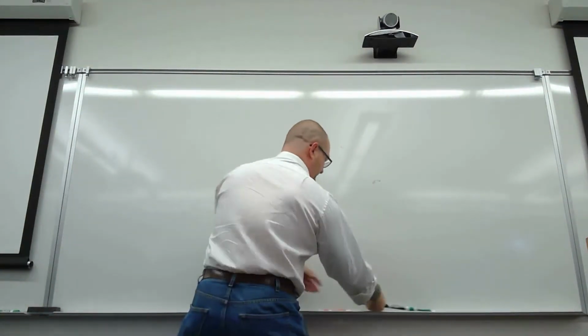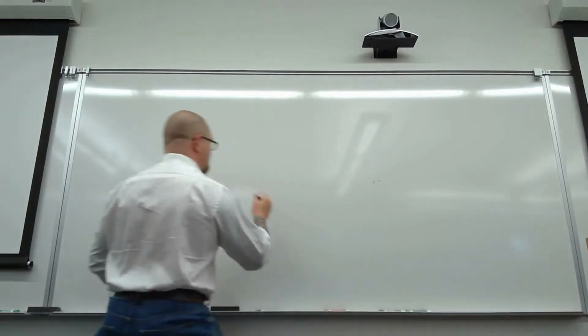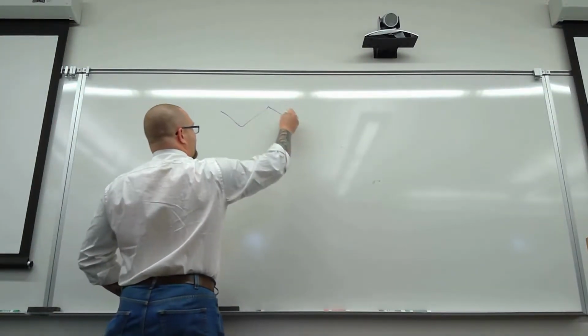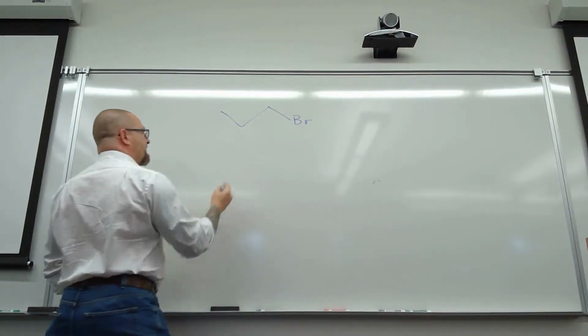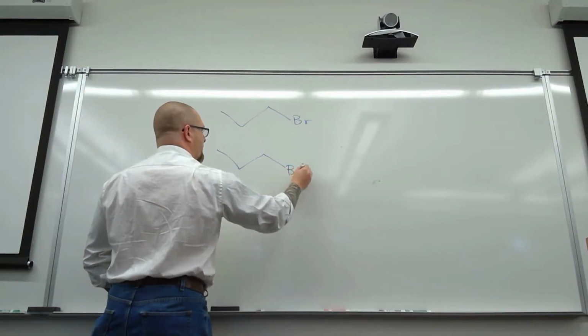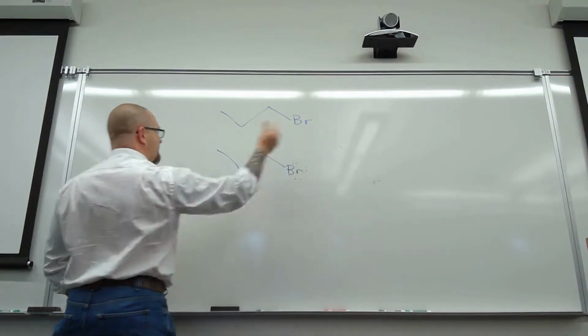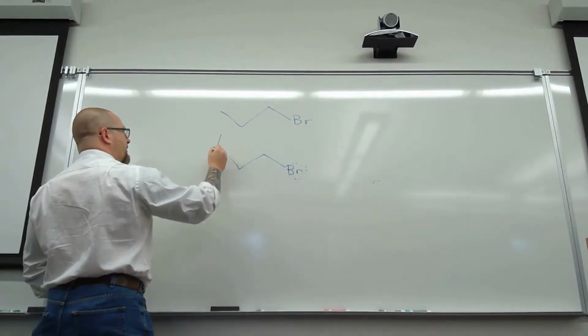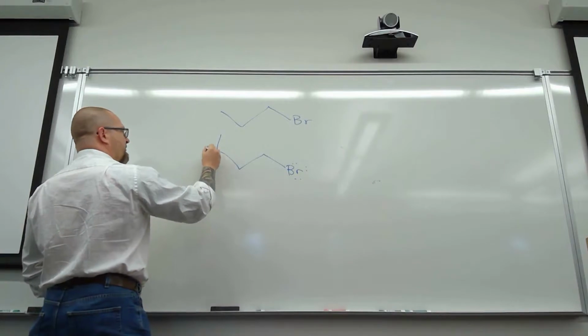I can get something a little brighter. Instead of just this, if we were to flesh this out and actually show, this is much better, all the protons with geometry.